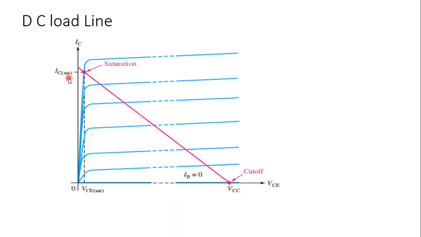So IC saturation is the maximum current that can flow in the transistor in the forward bias condition, or rather in the saturation condition. And VCC is the maximum voltage that can occur in the cutoff region. So by joining these two coordinates, you get a DC load line. This is how you define your DC load line.